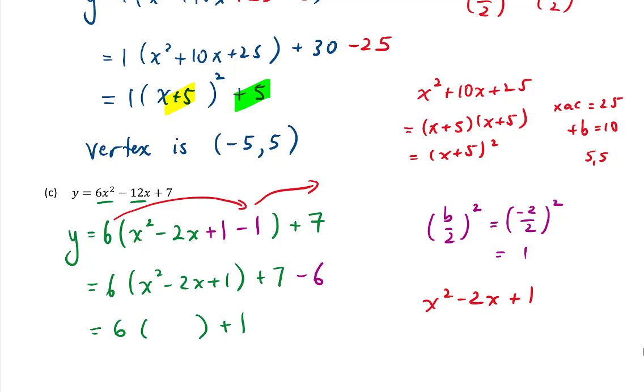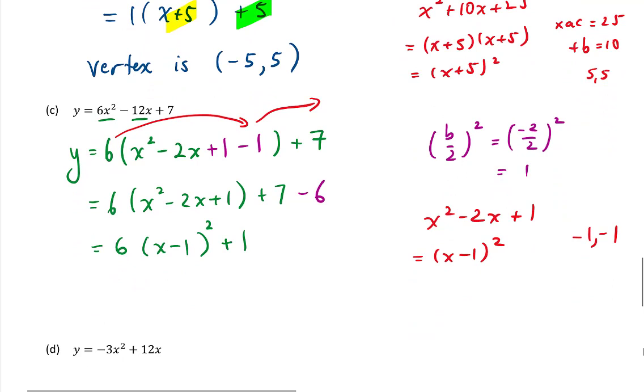Two numbers that multiply to 1 and add to negative 2. Our magic numbers are negative 1 and negative 1, which means this will be x minus 1 squared. So we get x minus 1 squared here, which tells us our vertex is 1 and 1.